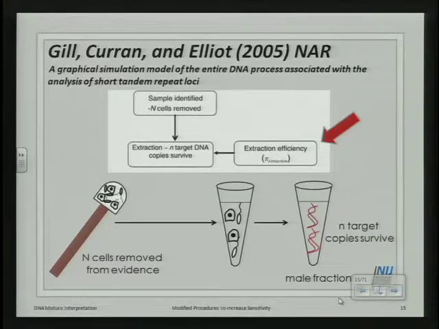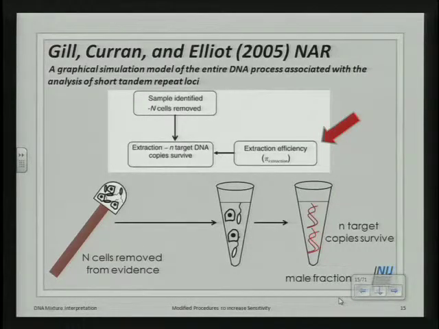So what are some of the ways that you can improve DNA quantity and increase sensitivity? There's this paper that Peter Gill, Jim Curran, and Elliott published in Nucleic Acids Research in 2005. It's a really nice paper. It's a graphical simulation model for the entire DNA process associated with STRs. So basically, they are looking at every step during the STR process, and looking at regions or areas where you could get problems.